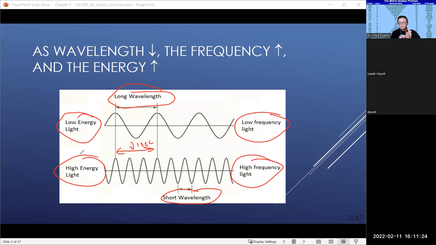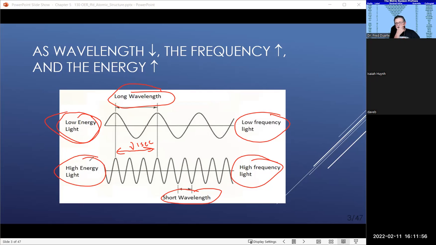Electromagnetic radiation has associated with it an energy component. So it has a specific wavelength, but associated with that wavelength is also a specific amount of light energy. Long wavelengths have very low light energy, and short wavelengths have very high energy.